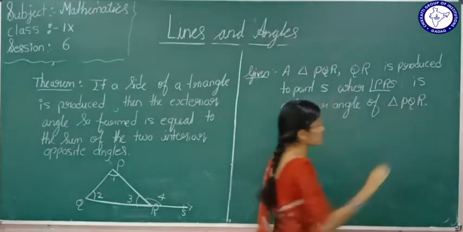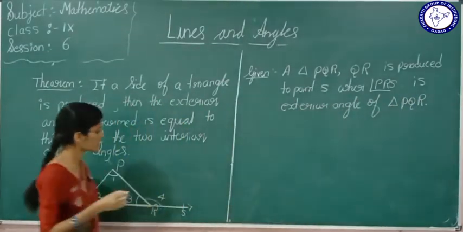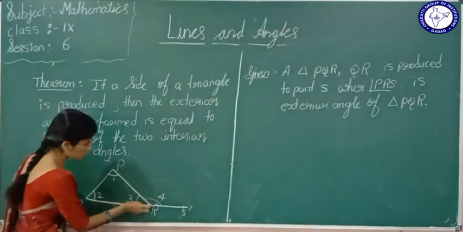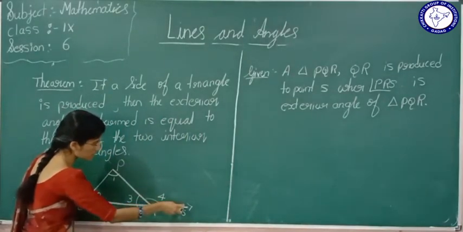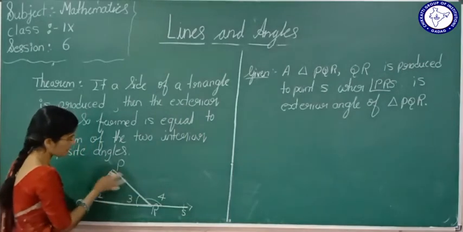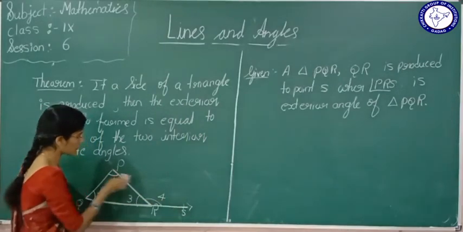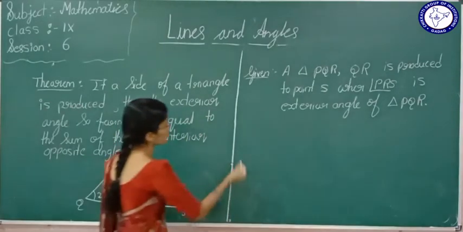Student, only this much they have given. PQR is one triangle, QR is produced to point S, where PRS is an exterior angle of triangle PQR. What we have to prove here?